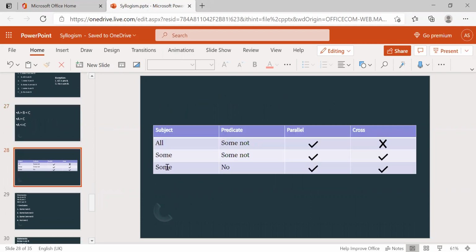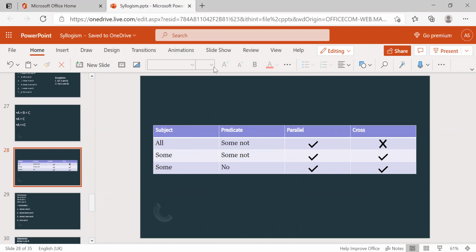Here are the possibilities where complementary conclusions will come. With all, some, and some not, when all is the subject and the predicate is some not, only parallel is acceptable.